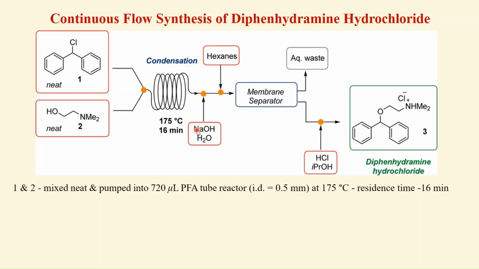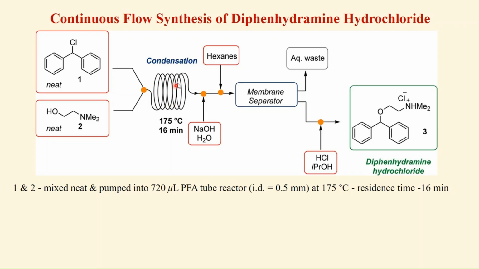This tube has a diameter of 0.5 millimeter, and it is heated at 175 degrees centigrade, a temperature which is above the boiling point of diaminoethanol.